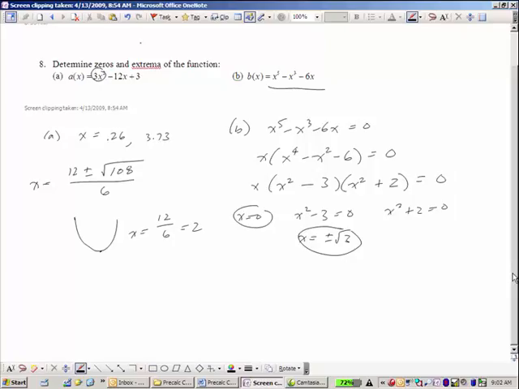Let's see. All right. If you have x squared, that's going to have one turning point. It turns from going down to up or from up to down. x cubed is going to have 2 turning points. Right?